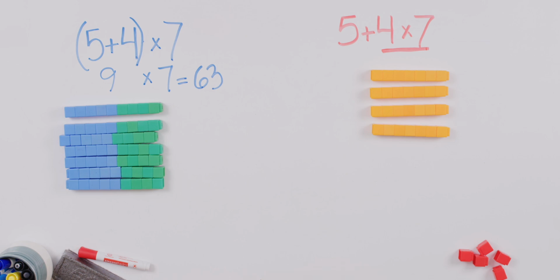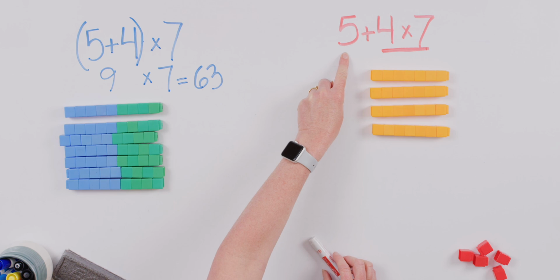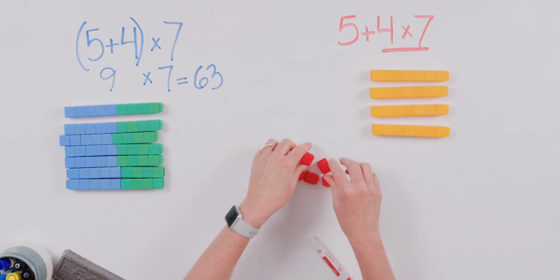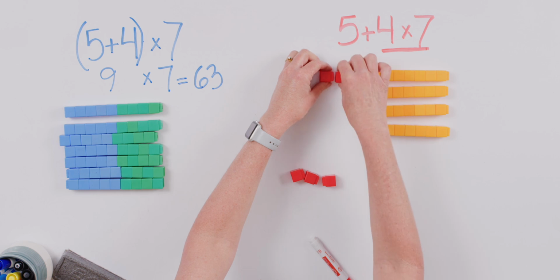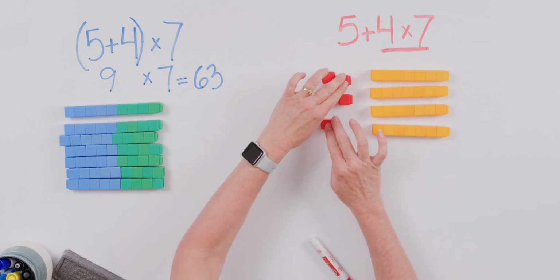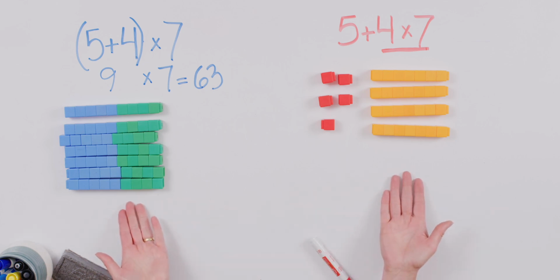Now that we've done our multiplication and or division, which we don't have here, our last step is addition or subtraction. I do have addition here. So I have 5, right, that I'm going to add to this. So I have 5 blocks right here. 1, 2, 3, 4, and 5. So you can see visually how they're so different, right?